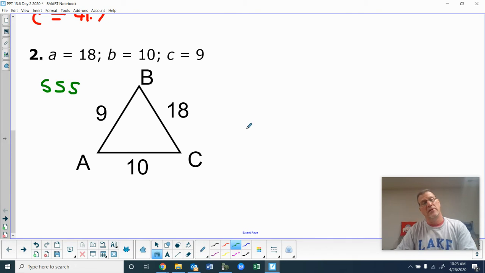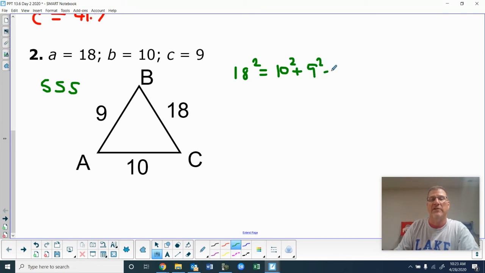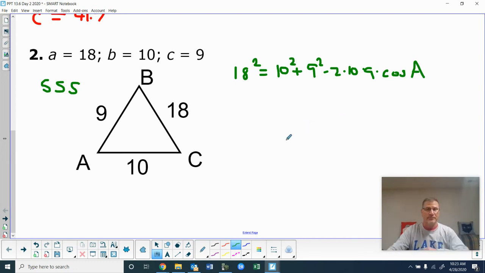So that would be a squared equals, so 18 squared equals b squared plus c squared minus 2 times b times c times the cosine, and we're looking for angle A. All right, so it takes a little bit of work now.